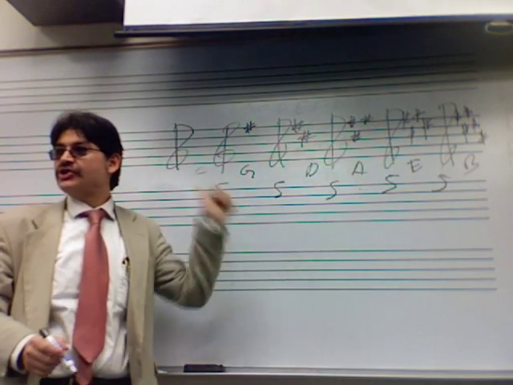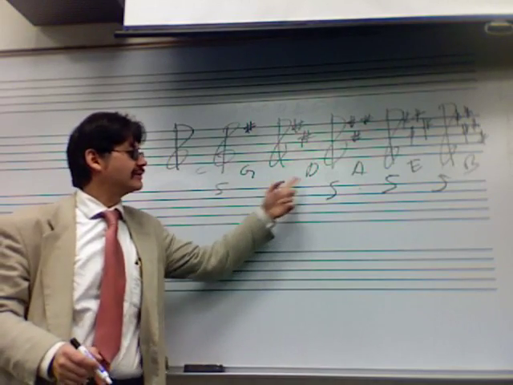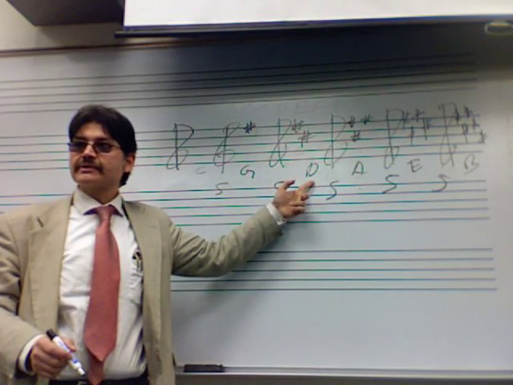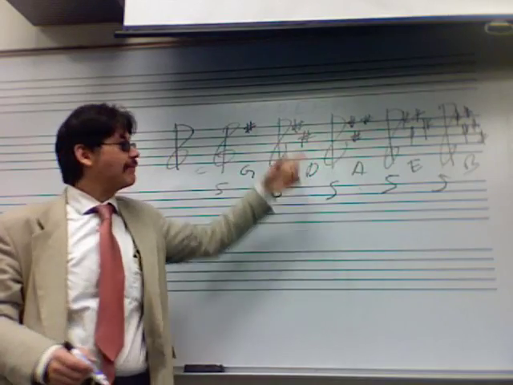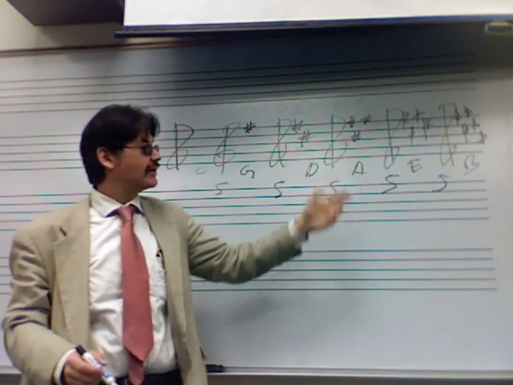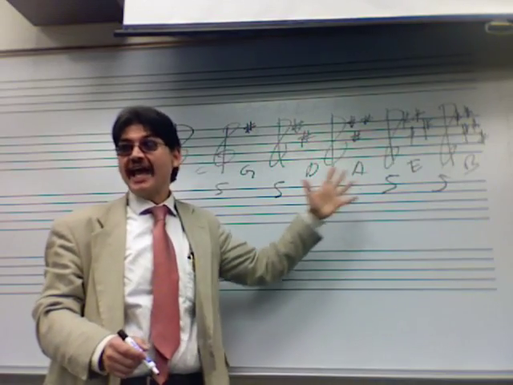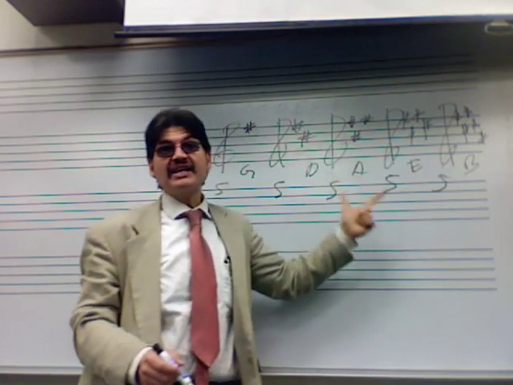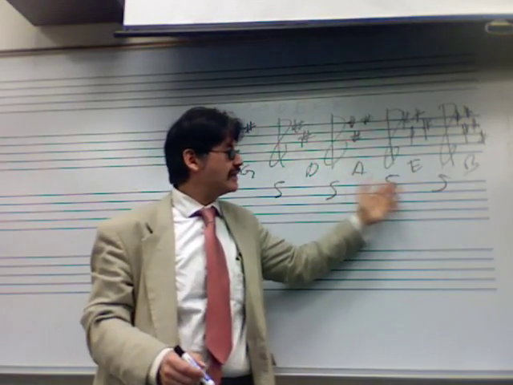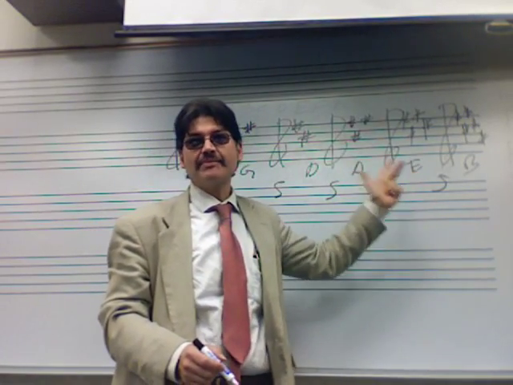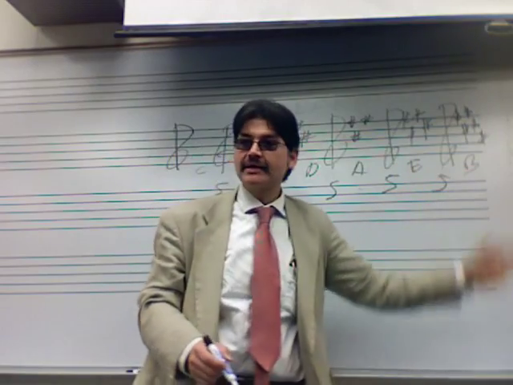Your second sharp key, G, A, B, C, D. See how that works? So if I can count 5 each time, and remember what sharp I have in there. D to A: D, E, F sharp, G, A, B, C sharp, D, E, F sharp, G sharp, A, B. See how that works?